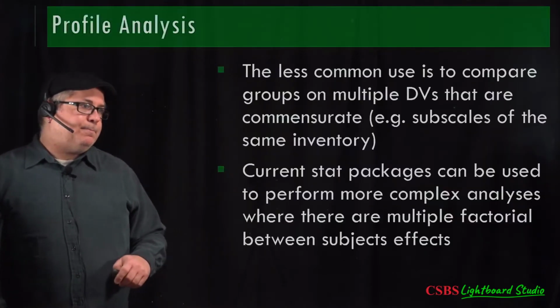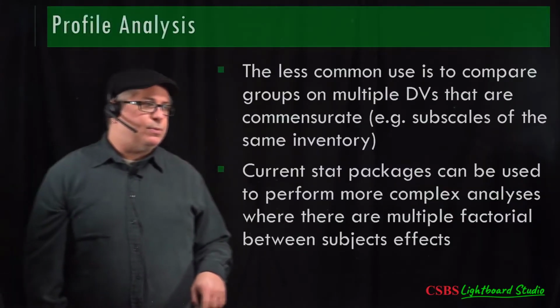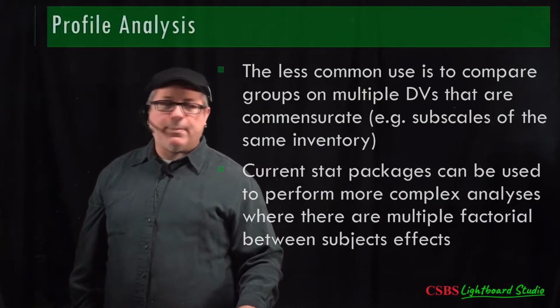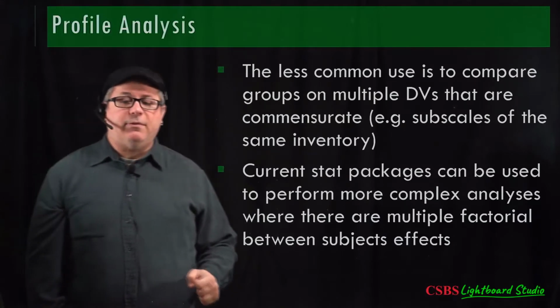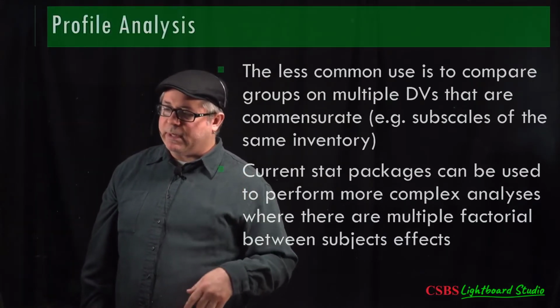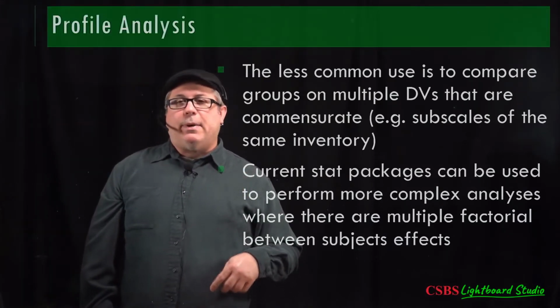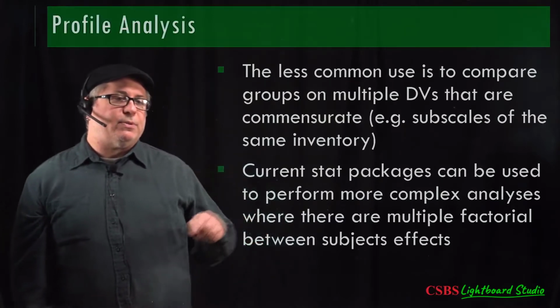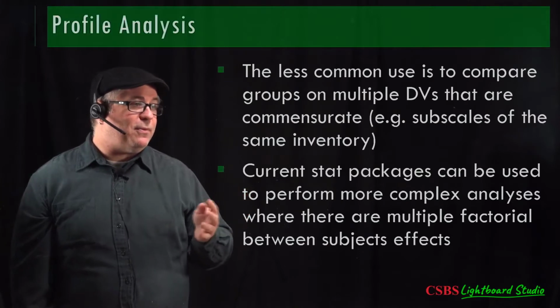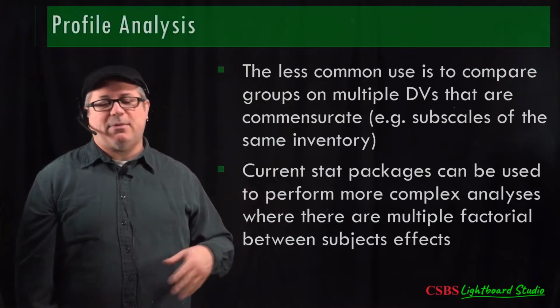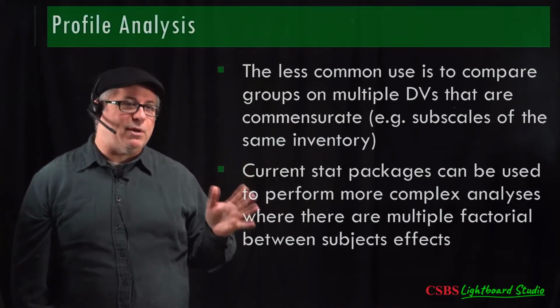All right. The less common use is to compare groups on different DVs that happen to be measured on the same scale, like subscales from the same inventory. Let's say you want to look at the pattern of scores across subscales of the MMPI, and I don't even know the MMPI well enough to know if the subscales are on the same scale. But let's assume, for the sake of argument, that they are.